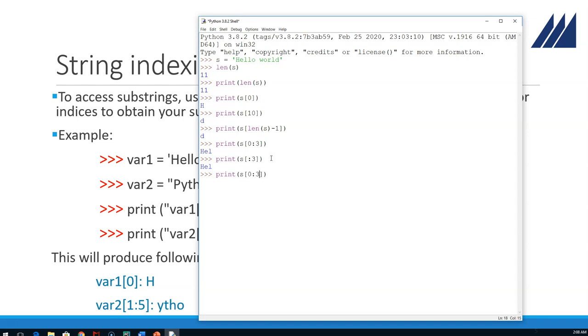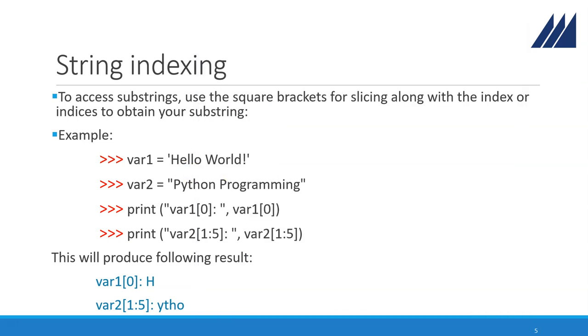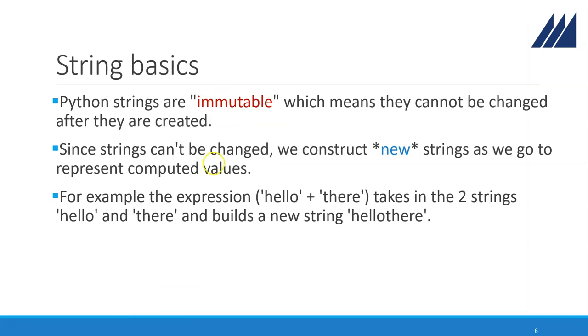What if I delete the last one and say start, for example, from 6? If you delete the last one or the right side of the colon, it's going to assume it's going to go all the way to the end. So look, it gave me the string word. So this is slicing the string, cutting it, chopping it.